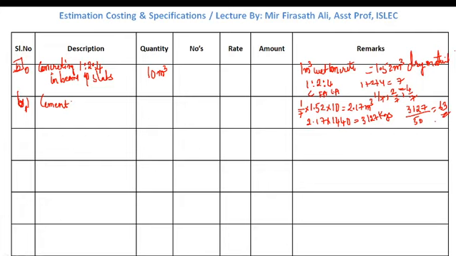So 63 bags of cement we required. What is the rate? 320 rupees per bag. So if we multiply 63 into 320, the value will be 20,160 rupees.